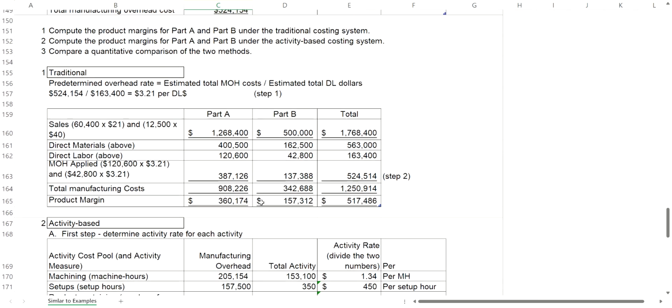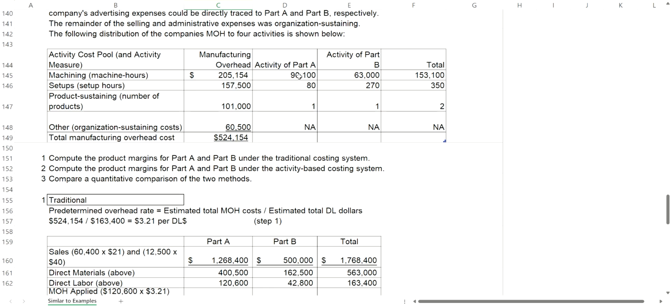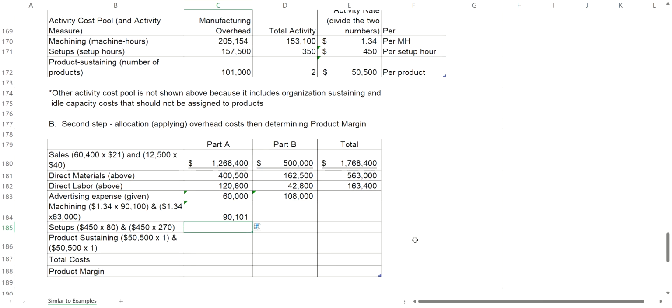And for A, I look at individual product A. The machine hours for activity A were 90,100. Okay, so that gives me then, when I multiply it out, whoops, try that again. I put my decimal in the wrong place, is what happened. $1.34 times 90,100.